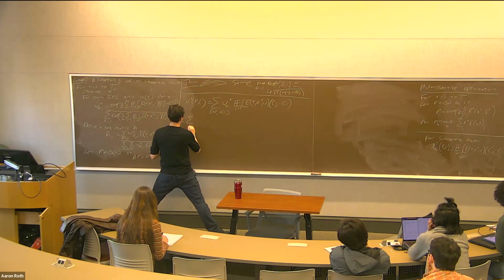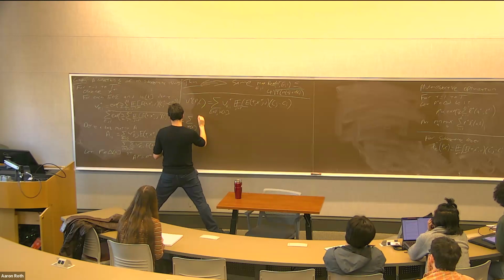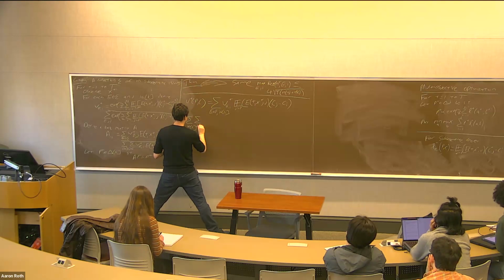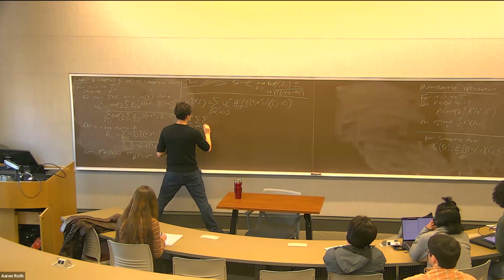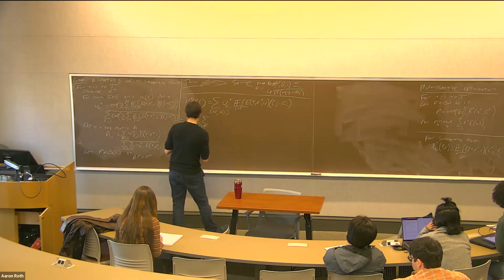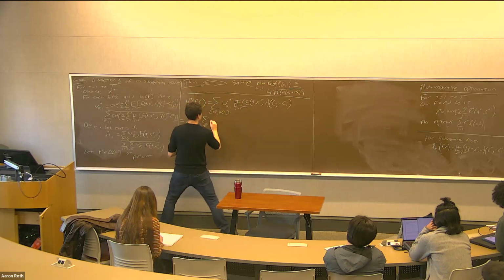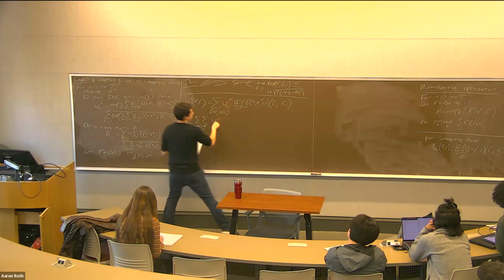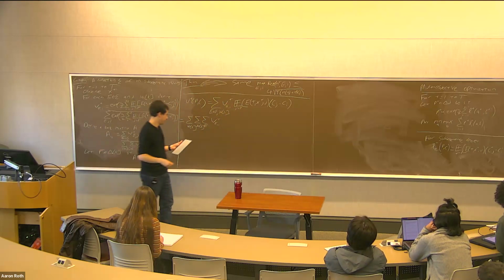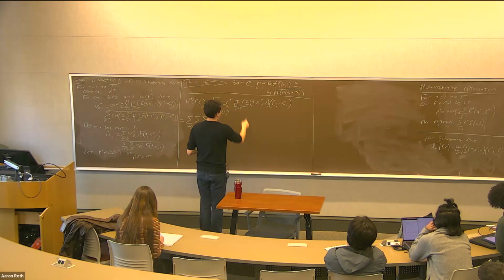It's the sum over actions I, and then again the sum over actions J, and then the sum over events E of the weight corresponding to event E and action I times, well, what was this expectation?